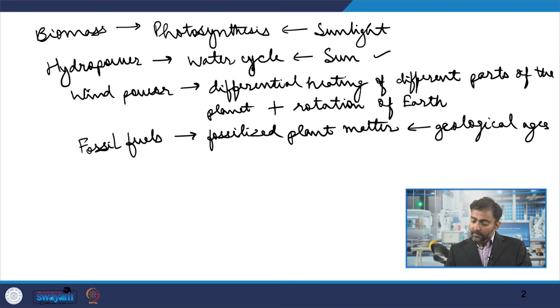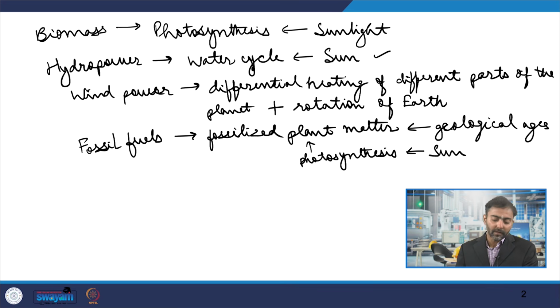From those fossils we get the fossil fuels. So ultimately this plant matter, at some point in time, was a living plant, and it had the process of photosynthesis which was again powered by the sun. So not just the different renewable sources but also the fossil fuels, all of them, if you trace them back, the heating of the planet is also happening due to the sun. Here also there is sunlight, and here also there is sun.